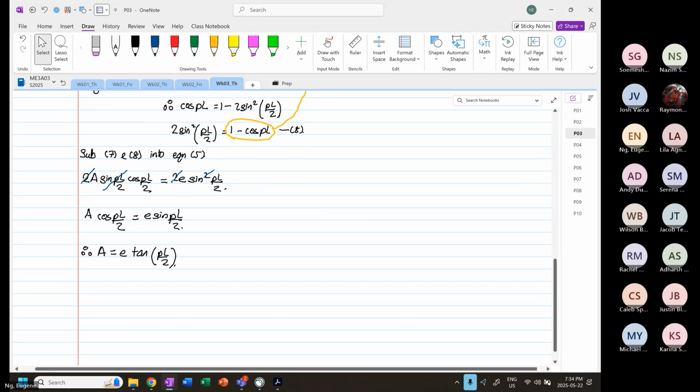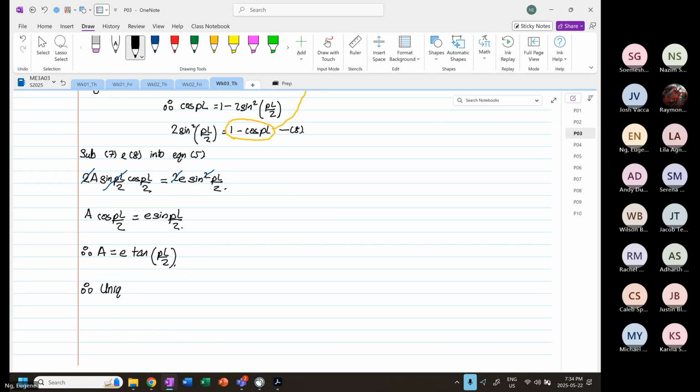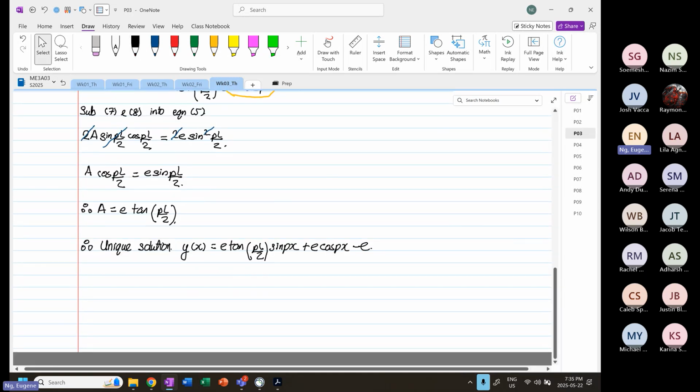So therefore, our unique solution will be y as a function of x, and this will be e tangent pL over 2 sine px plus e cos px minus e.